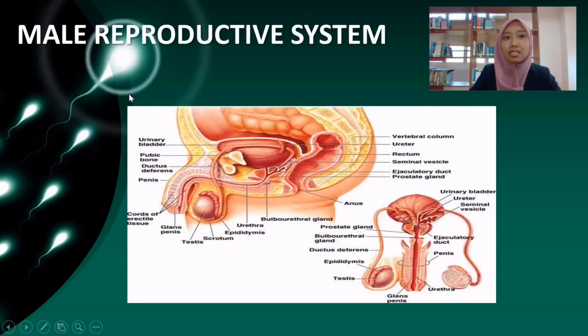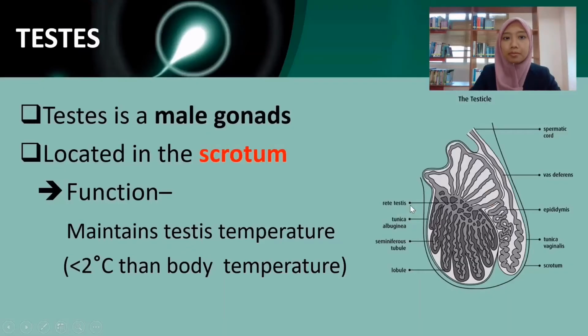Let's start. So this is the male reproductive system. So what is testis? Testis is a male gonad and it is located and covered in scrotum. So what is the function of scrotum? Scrotum is to maintain the testis temperature, which is 2 degrees Celsius below body temperature.